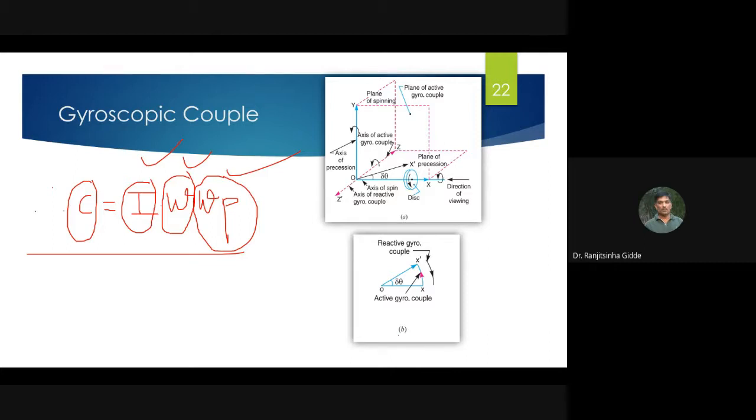Note, since rate of change of angular momentum will result by application of couple.